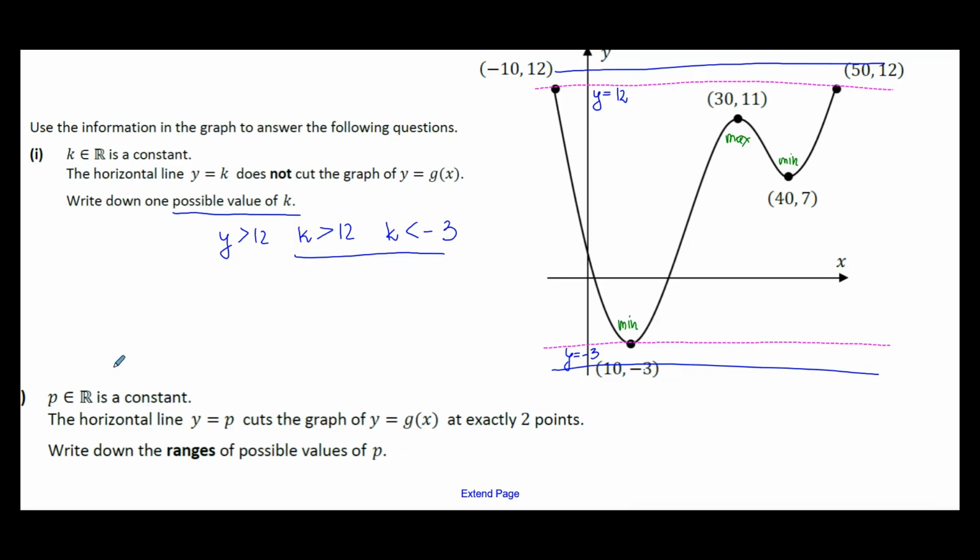Then the next part: here P is a constant. The horizontal line, again a horizontal line, cuts the graph at exactly 2 points. So if I'm looking at this graph, where can it cut at exactly 2 points?